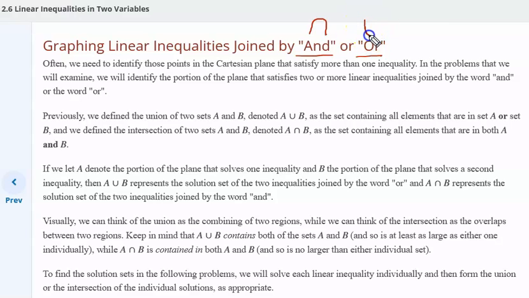This is union, and this is what they're illustrating here. And it deals with sets as well. And I'll illustrate that as we go on to our next few examples.